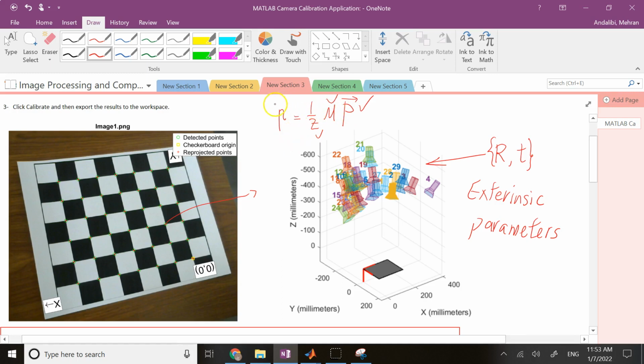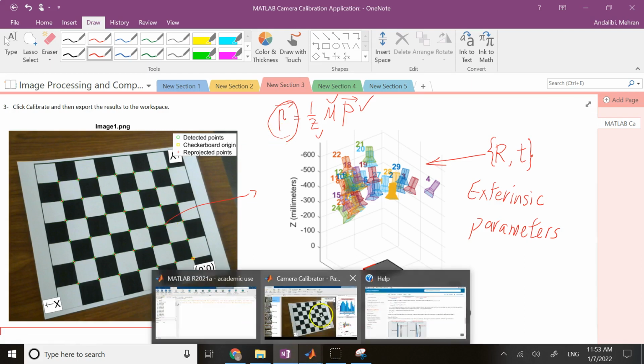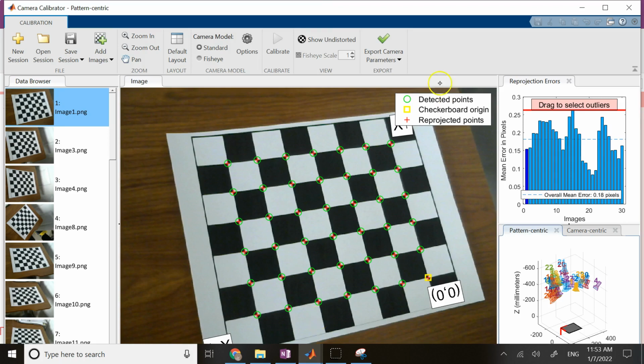And so from here, I can recalculate the pixel coordinate for each and every one of these physical 3D points. And then I show them with the red cross. And then I'll see whether the red cross falls on top of the green circle and inside it. If it does, that means my parameters that I estimated were really good.